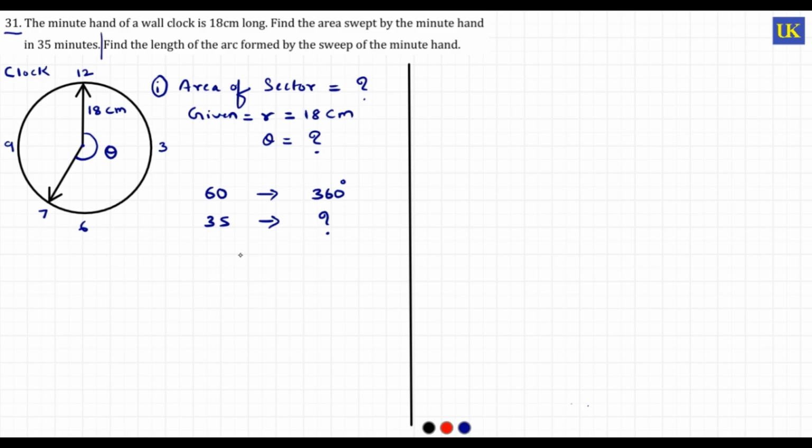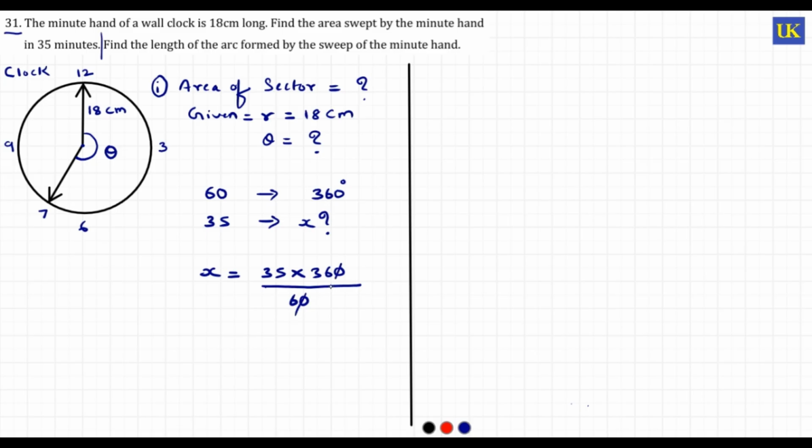So what we will do? We will cross multiply. Let's say this is x, we have to find out now. So x is equal to 35 into 360 divided by 60.